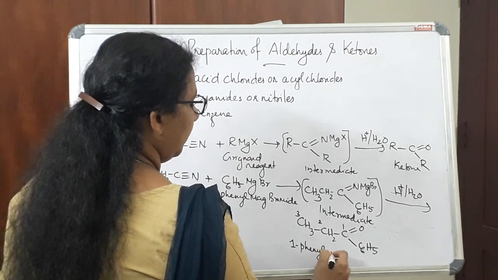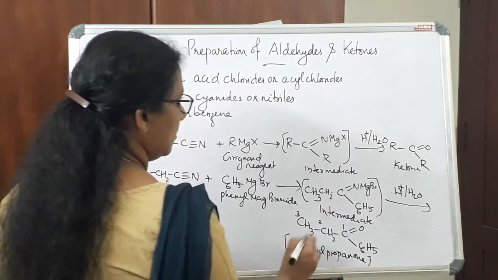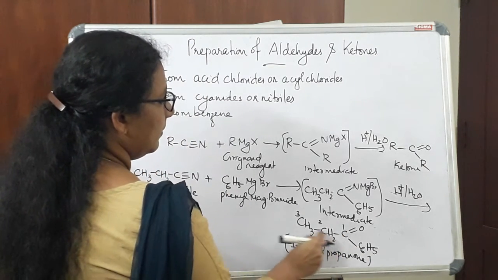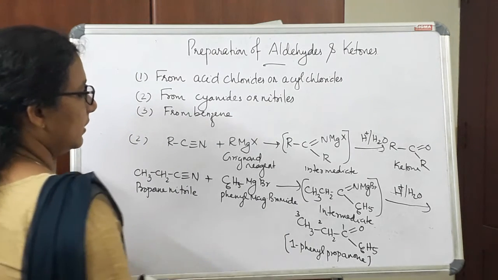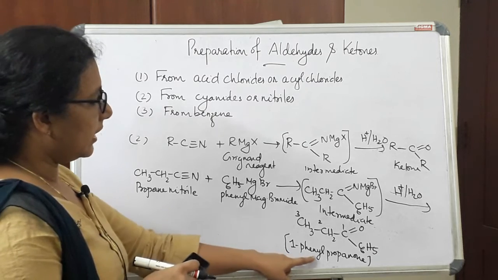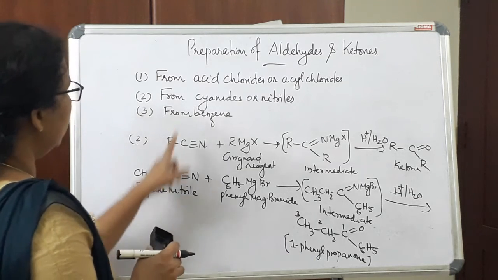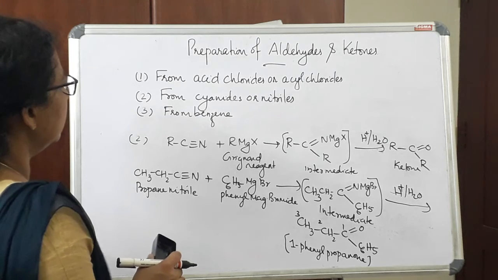So it will be propanone. So 1 phenyl propanone. So that is the IUPAC name of this particular ketone. So from propane nitrile we will get 1 phenyl propanone. So from cyanides we can prepare ketone. That is the second method.